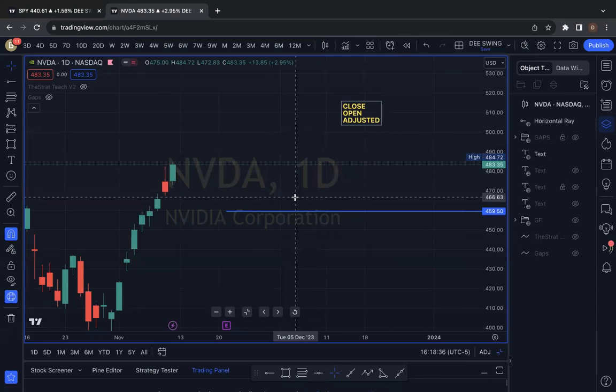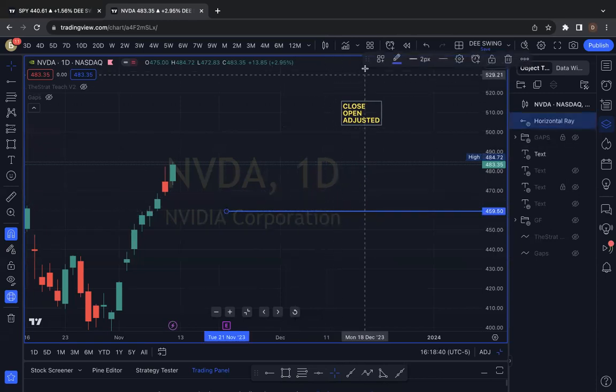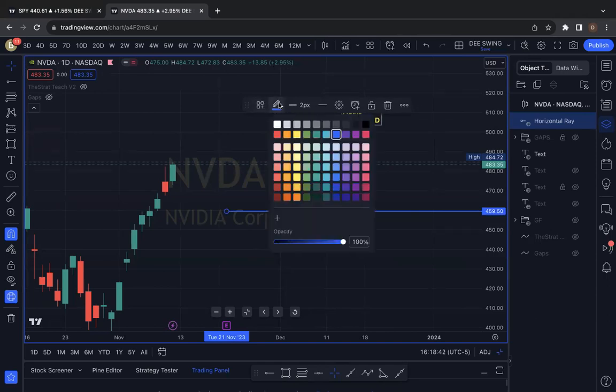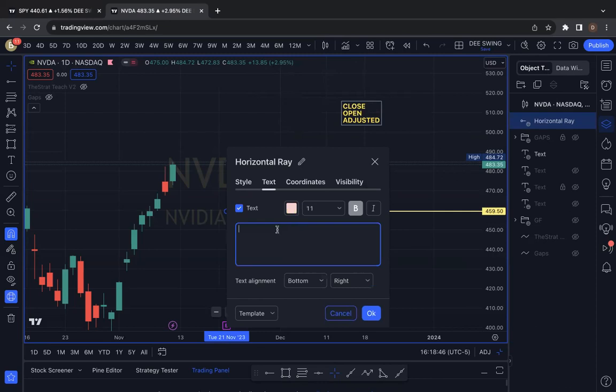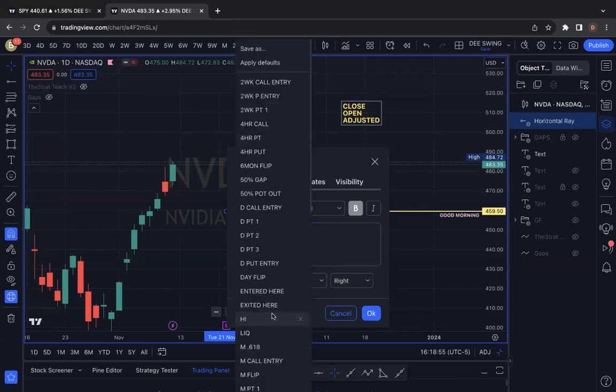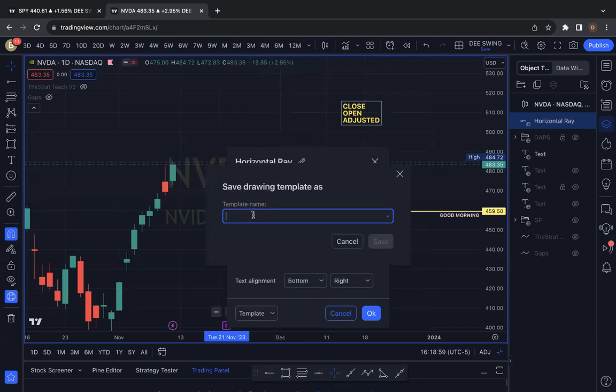All right, so let me show you how to create a template. Let's use this line. Let's say I want this to be a yellow line and I wanted to say good morning in pink. What you can do is go to template, and you go to the top to save as, and then you name whatever you want that template to be.